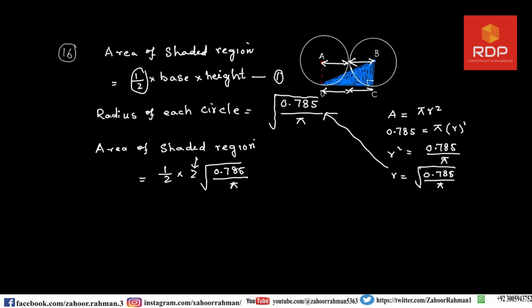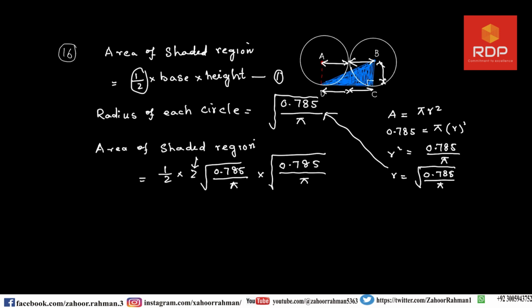So next will be the square root of 0.785 divided by pi, which is this height, and that is equal to 1 radius.